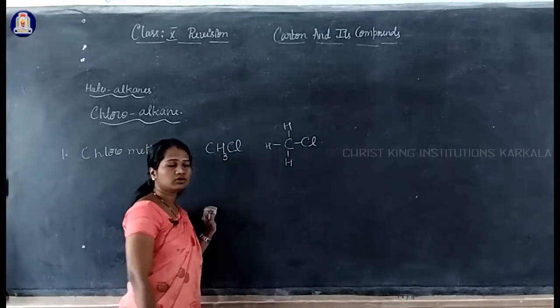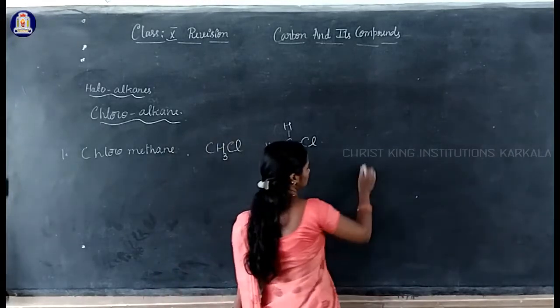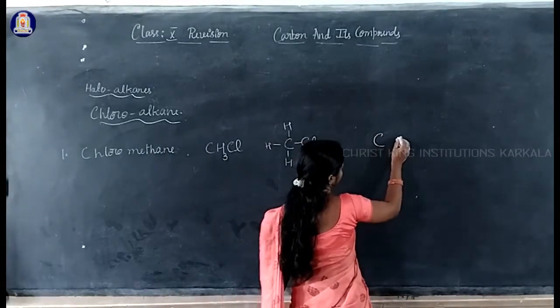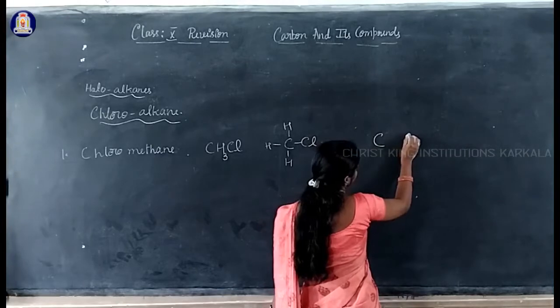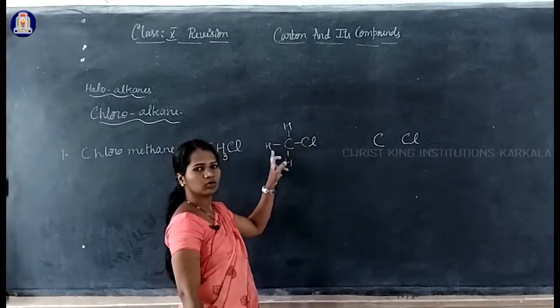We'll write the electron dot structure of this chloromethane. How to write the electron dot structure? 1 carbon. This is chlorine. You can see here everywhere a single bond is present.